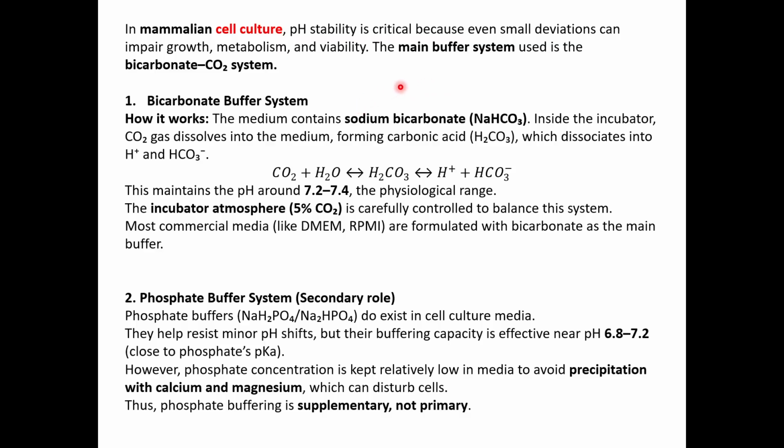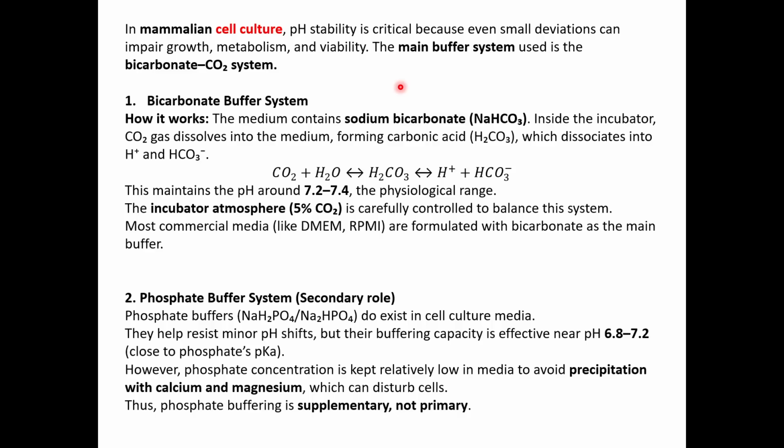So when it comes to cell incubators, we have two types basically based on the carbon dioxide. One is CO2 incubator, which has a constant supply of CO2, and one is a non-CO2 incubator, which does not require any special addition of CO2 gas injection in it.